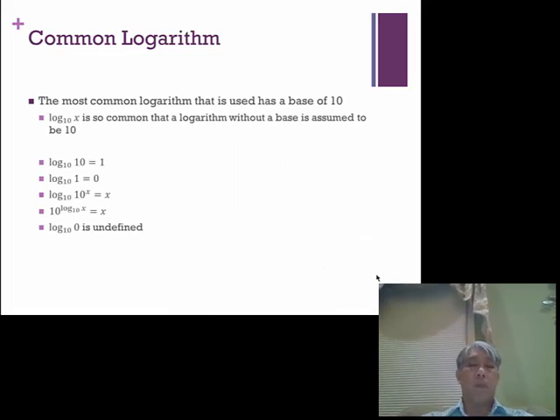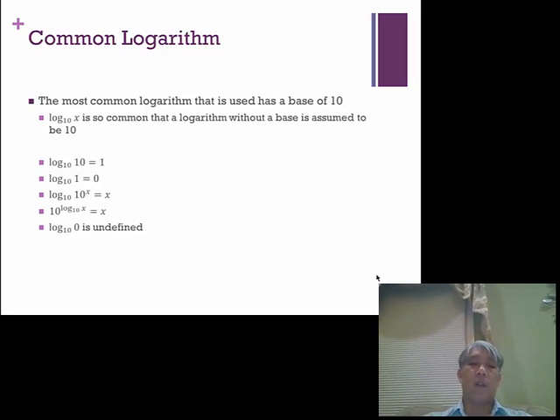A couple of common versions of logarithms we'll see. The most common logarithm that we'll probably see is base 10. Base 10 is so common that we'll usually ignore the 10 and not even write it. So if we just see log x, that log is assumed to be base 10.